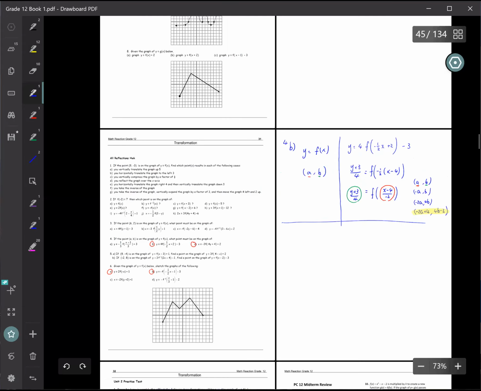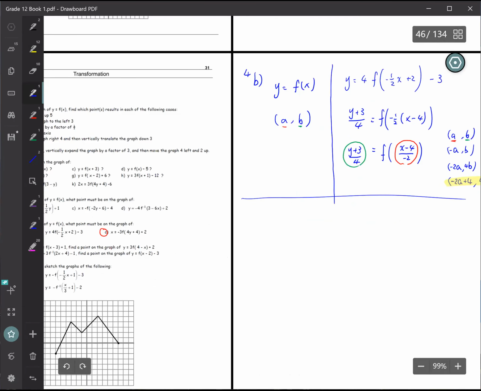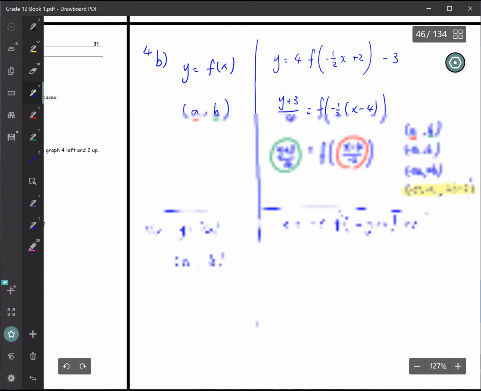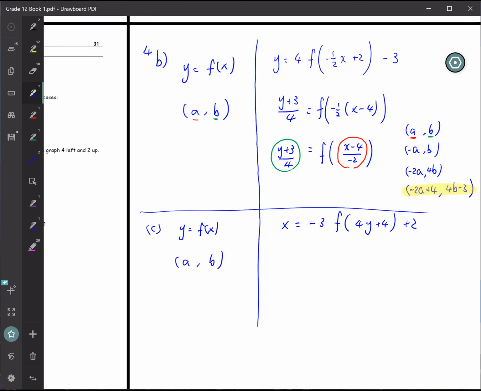And question C, we have original is still AB. And then the new one, we have this one. So right away, you see something very different from question B. Okay, what's the most different part about this one?